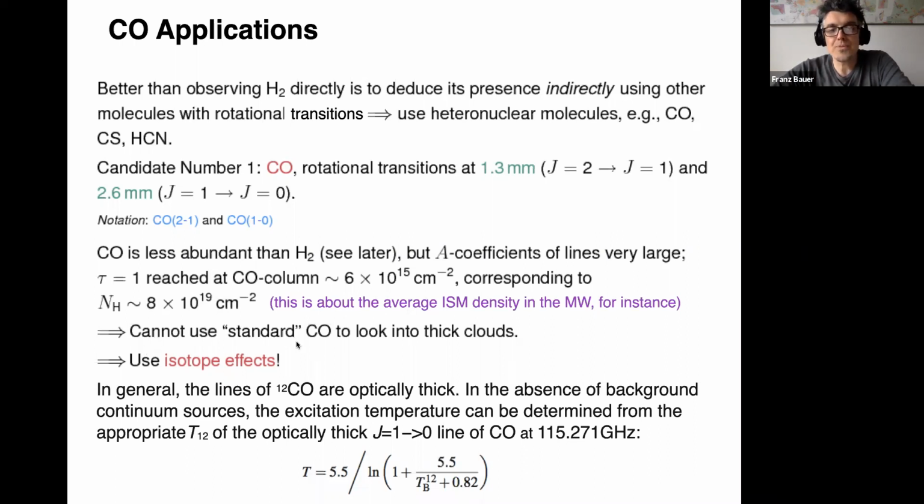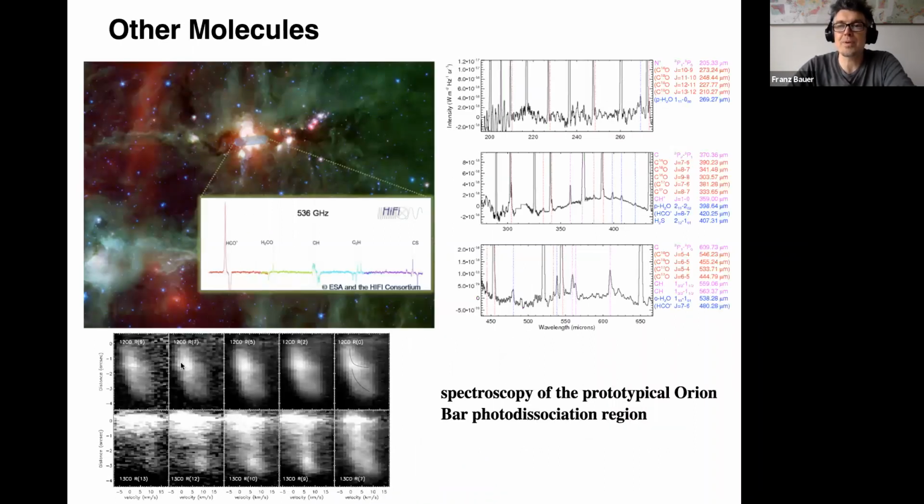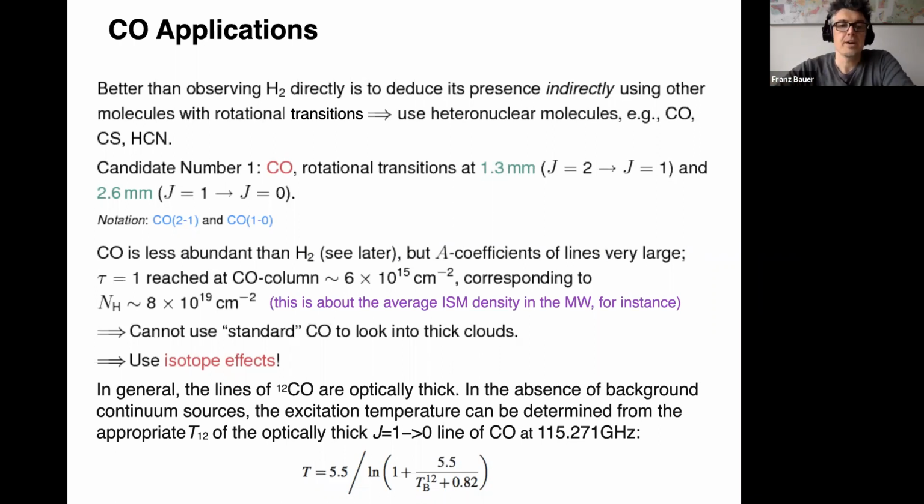Now, typically you can't use CO to look at optically thick clouds because it becomes optically thick, and you can't use it to measure the total mass. You can only use it to measure the temperature, the excitation temperature. So generally you use isotopes, which are less abundant. The optical depth goes as the number density of that particular molecule or species, so the fact that it's less abundant means the optical depth is going to be lower. 12CO is optically thick.